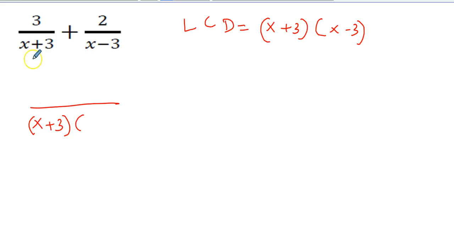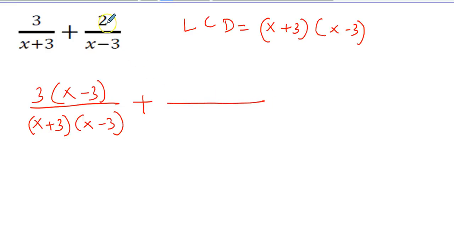So the denominator x plus 3 is multiplied by x minus 3. So the numerator 3 also will be multiplied by x minus 3. What I did to the denominator, I did the same to the numerator, that is multiplying by x minus 3. There is a plus sign, I'll write plus.